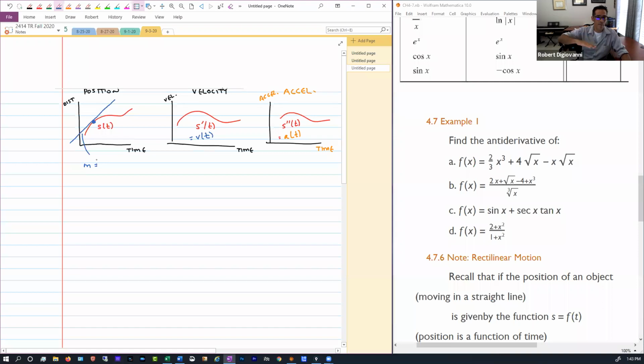So for the position function, rise is distance and run is time. So the unit we would get for the derivative, the slope, would be distance over time. In other words, it would look like miles over hours. So over here, this velocity is going to be miles over hours.